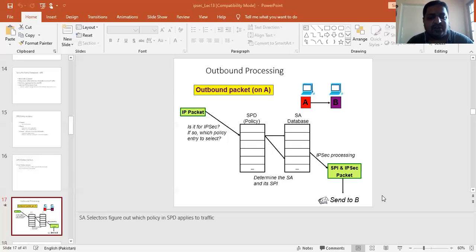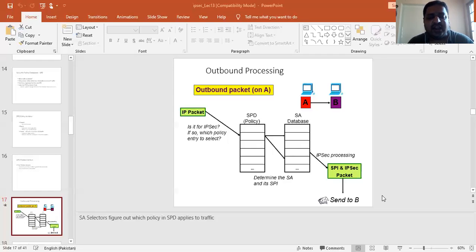Then we discuss different parameters. Whenever any data enters the network through a device, for example a network device which attaches that particular host to the system, we define different policies and rules for the particular packet.